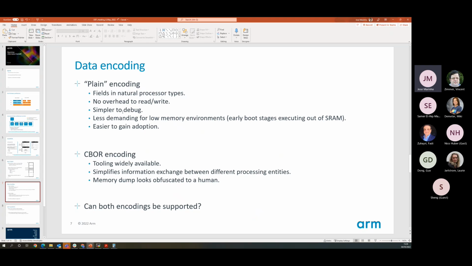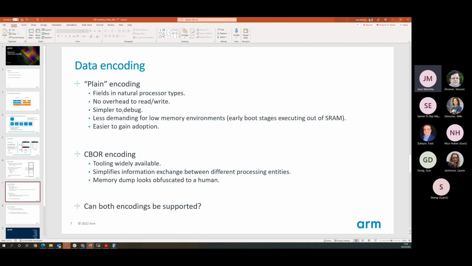It's also less demanding for low memory environments because you don't require the CBOR parser or the encoder and decoder. And by the way, this is a personal opinion, so I may be entirely wrong, but I think it's easier for us to push the adoption of the plain encoding. It's just because the different code bases are already using this.